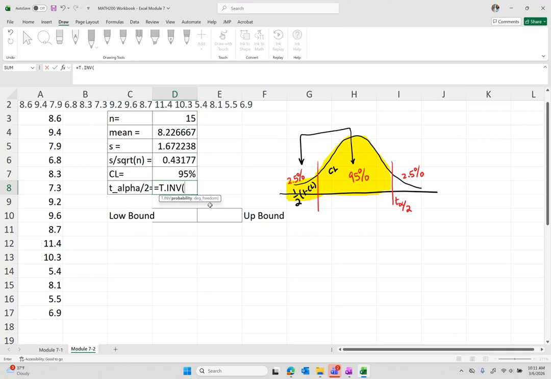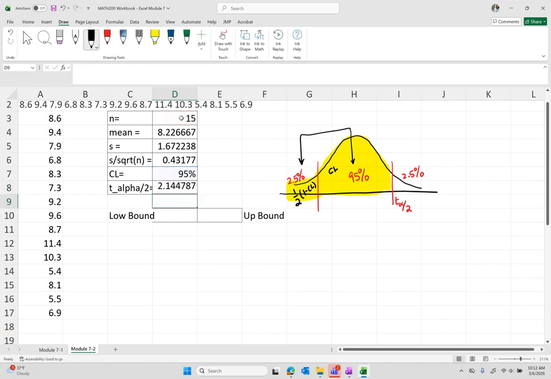So the probability on the left tail is equal to this 95% plus alpha halves. So alpha is 1 minus the 95%, and then divide by 2. So that is my probability, and then comma, after that it says degrees of freedom, and if you remember, degrees of freedom is n minus 1.